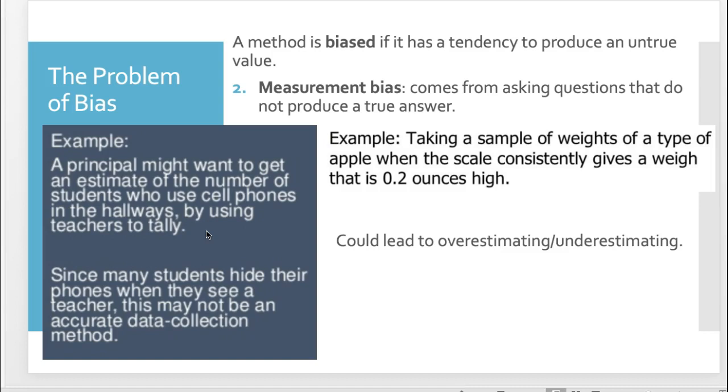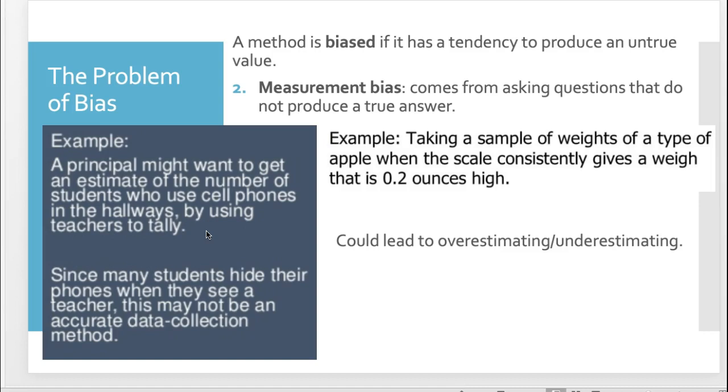So if the teacher is walking down the hallway counting the number of cell phones that are out, a lot of those phones that should be out are going to be hidden from his or her sight. So we're going to be underestimating the number of phones that are used in the hallway.